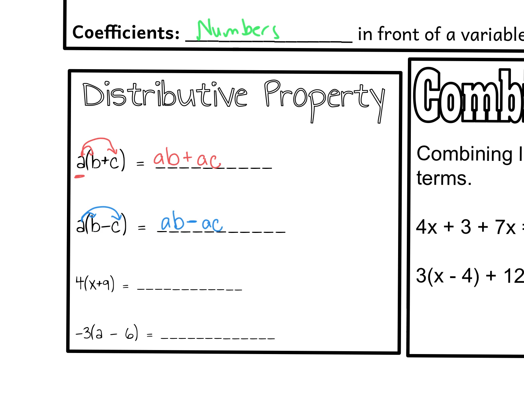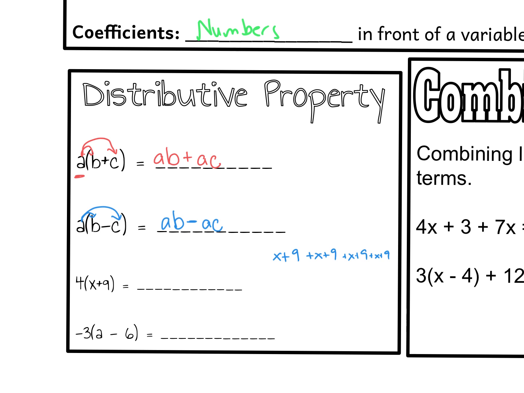All right, so let's look at an example that has some actual numbers in it so we can see this in practice. What this means is I have 4 groups of x plus 9. So this would be the same as taking x plus 9 plus x plus 9 plus x plus 9 plus x plus 9.